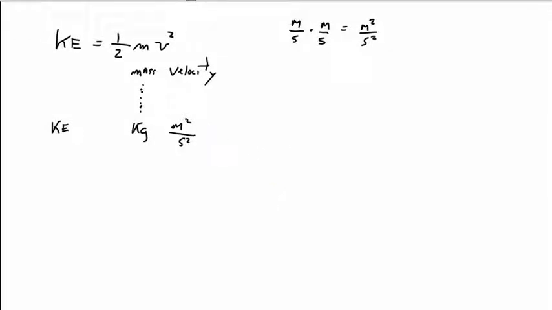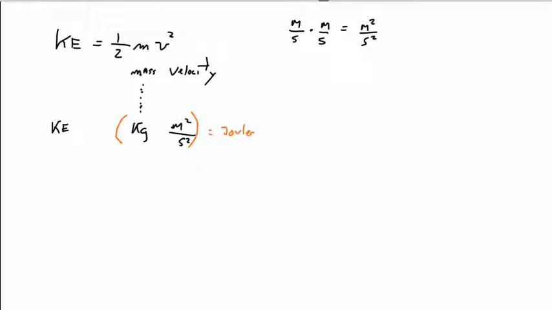Let me write that over here, in honor of the man who did all the work with energy. So here are the units: kilograms meters squared per second squared, but oftentimes we just abbreviate it as joules.